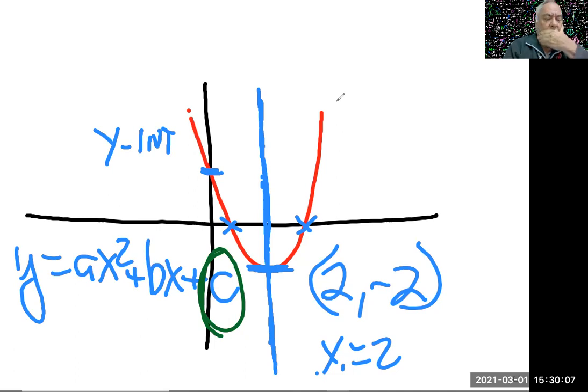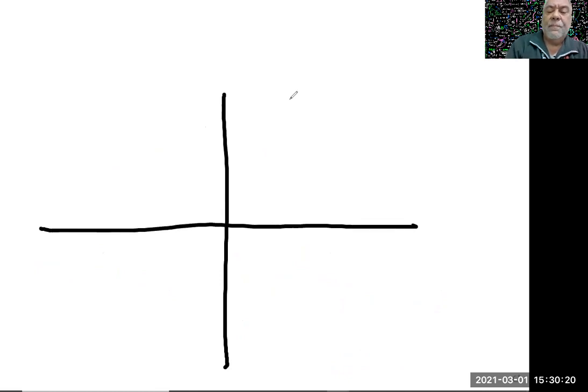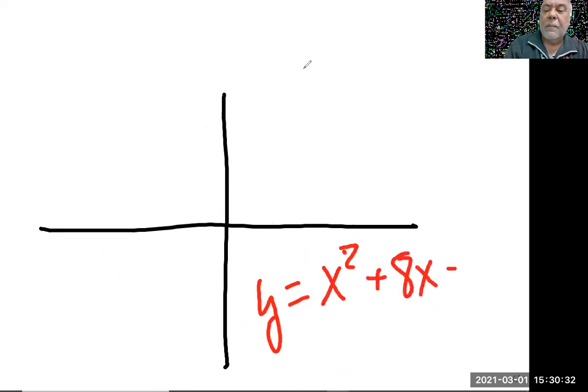So if you're looking at an equation, let me just erase this whole thing here. Say, I'll just make one up: y is equal to x squared plus 8x minus 4.